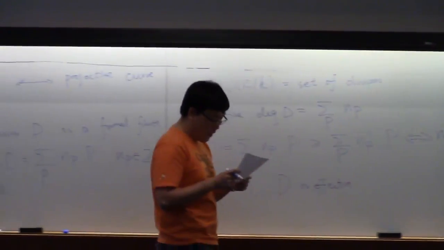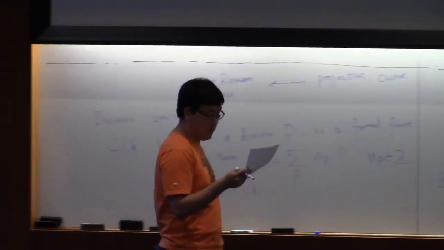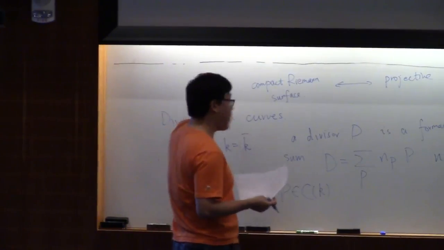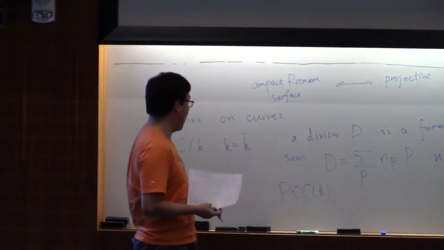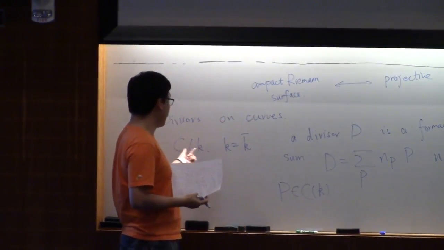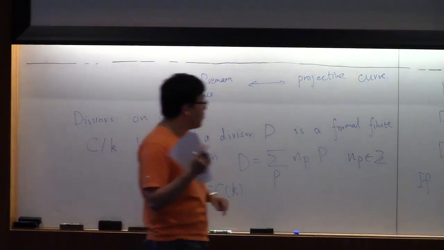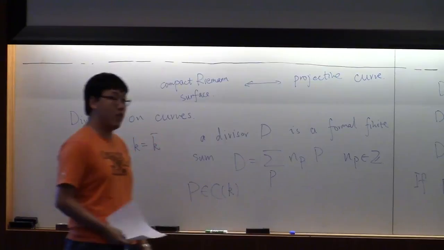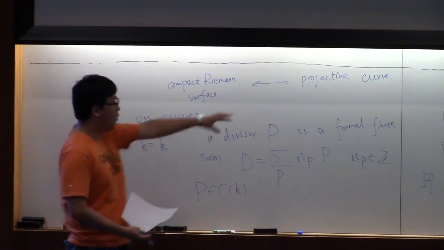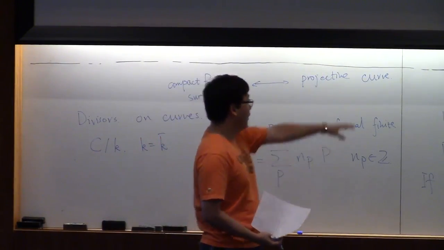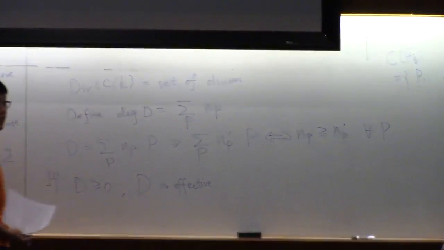And I want to leave you a question to think about at the end of the lecture. Here, I just gave the definition of a divisor of a projective curve over an algebraically closed field. But if K is not necessarily algebraically closed, how can you define the notion of divisors, or the set of divisors?